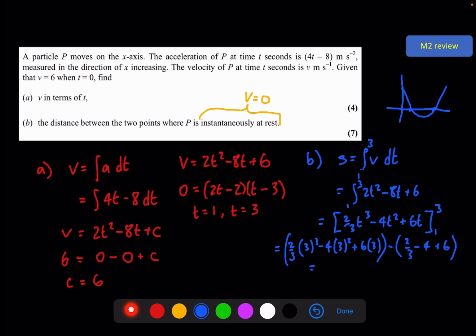Putting that on my calculator gives me 0 minus 8 over 3. Of course, minus 8 over 3 is our displacement, but that should not be the distance, because distance can't be negative. So although this is s, now I'm going to write the distance equals 8 over 3 meters.